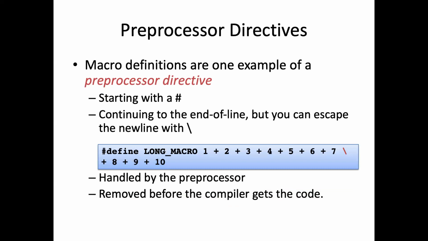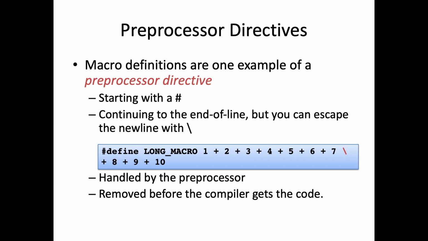All right, so I've introduced you to the idea that a macro can expand to more than just one symbol. You might want to write a macro that expands to a whole bunch of stuff. Normally, when you define a macro like this one here, it's everything on the rest of that line of source code. Well, what if you want to make a macro that's too long to fit on a single source code line, or that's inconvenient to format if you just wrote it all on one line?